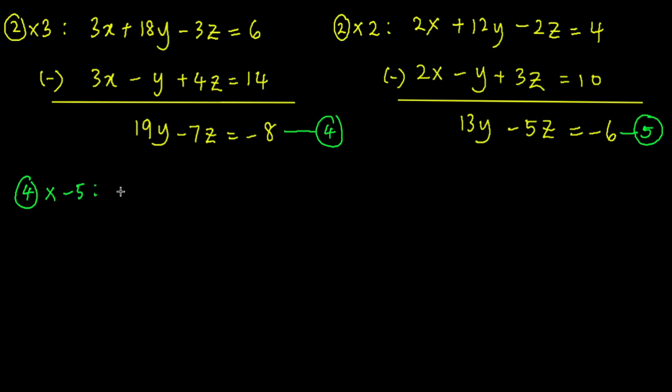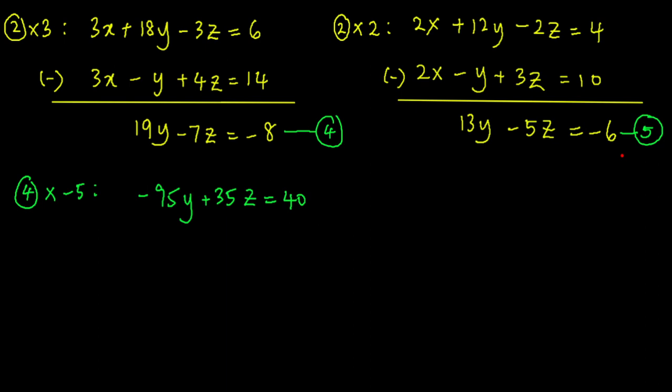So what do I get here is 19 times negative 5, negative 5, negative 5, yeah. So 19 times negative 5 is not negative 45, it's negative 95y. Negative 7 times negative 5 is 35z equals negative 8 times negative 5 is 40. Leave it first. Okay, leave it there first.